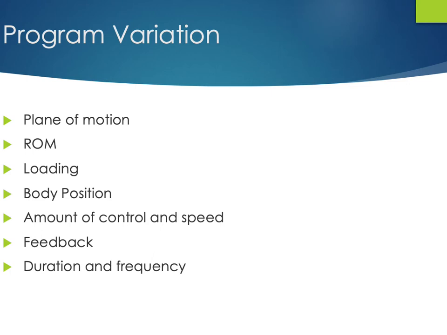Then lastly, once you start to see really good dynamic stability in an isometric hold, then you're going to start to allow that trunk to move through planes, and your patients will be able to demonstrate more of that. Kind of like we saw with the overhead medicine ball throw. Now moving into a bigger range of motion, I'm adding speed to that. I'm going from a squat to a full extended position. So really good that way.